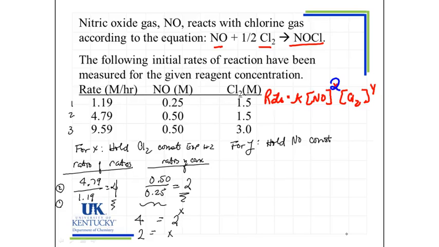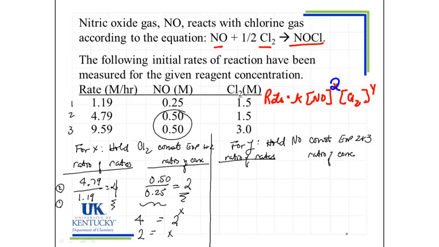We see that NO is being held constant in experiments 2 and 3. So once again, for these two experiments, we're going to do a ratio of rates and a ratio of concentration for experiments 2 and 3.